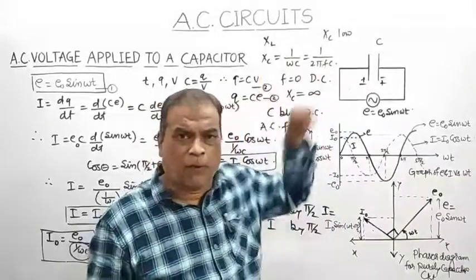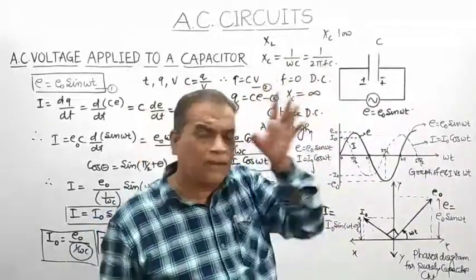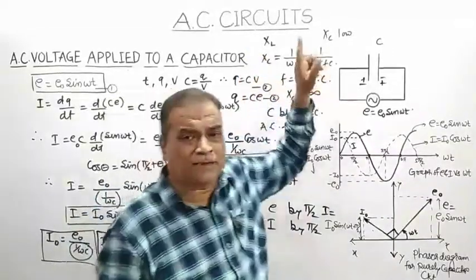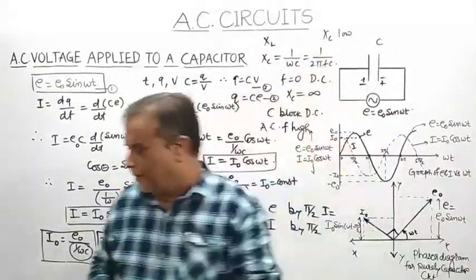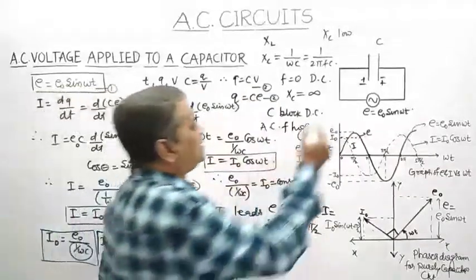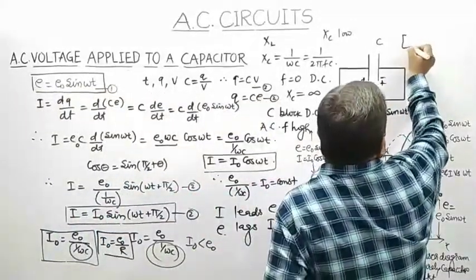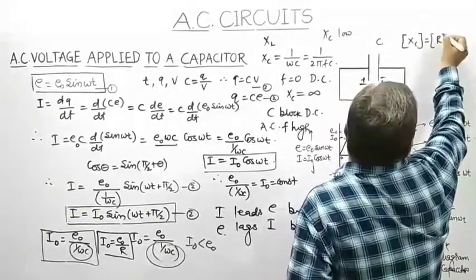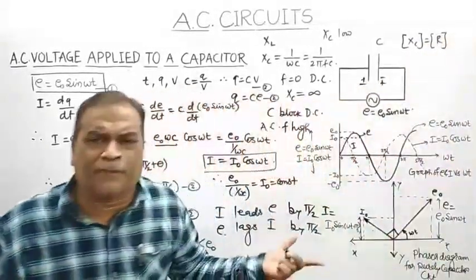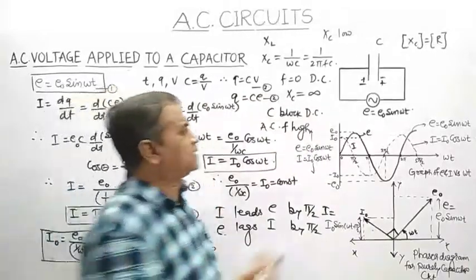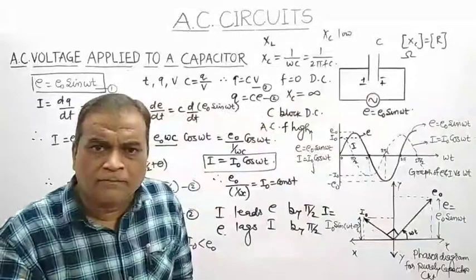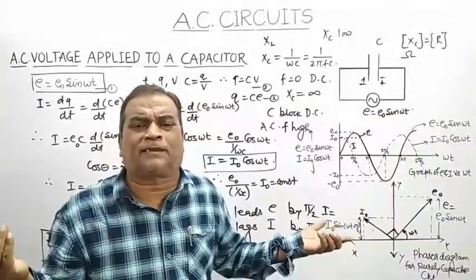Capacitive reactance is inversely proportional to frequency. Remember that the dimensions of capacitive reactance are the same as the dimensions of resistance, which means the SI unit of capacitive reactance is the ohm.